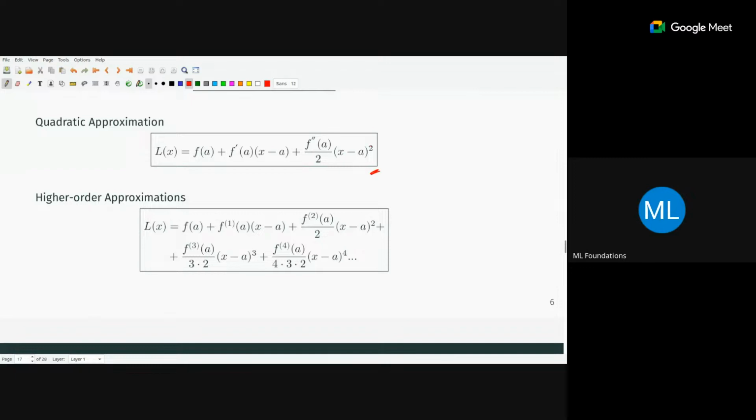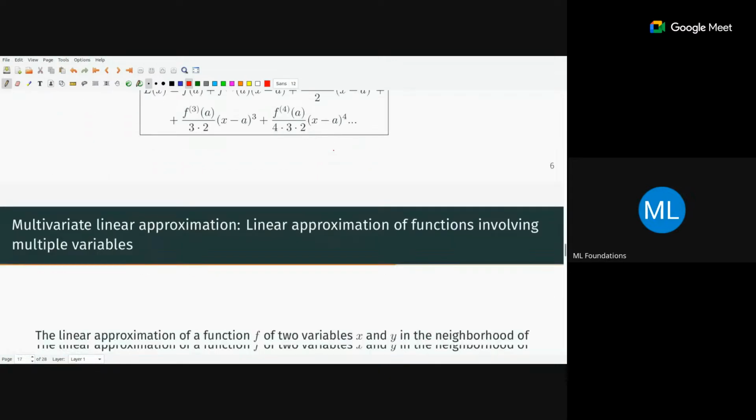You will have an x square term in it. So the parabola would come closest to the curve around that point. And higher orders will become closer and closer to the curve. So these are the higher order approximations.